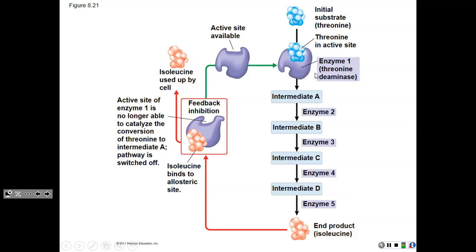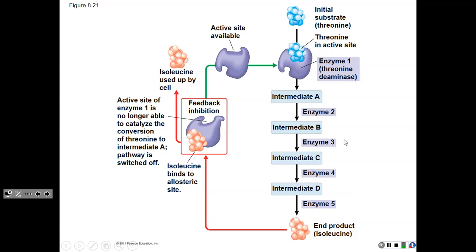So this enzyme is all about converting threonine to the first intermediate on the way to making isoleucine. And the product that gets released from this enzyme fits perfectly into the active site of enzyme 2. And enzyme 2 is all about converting intermediate A to intermediate B, and it really does nothing else.